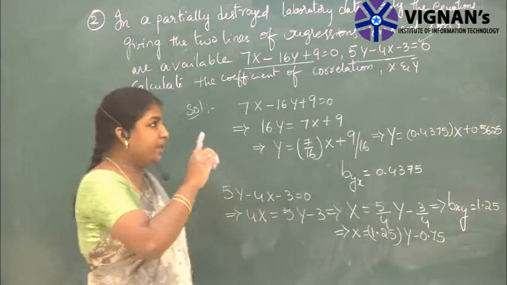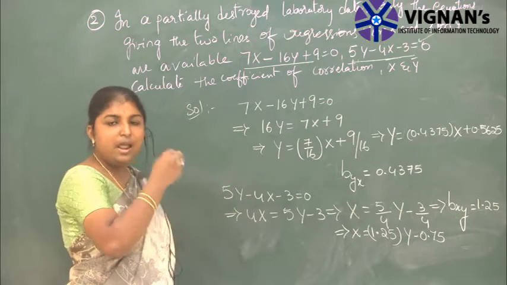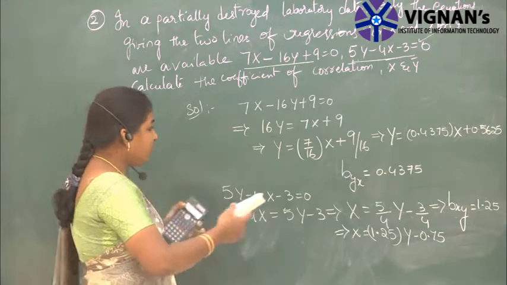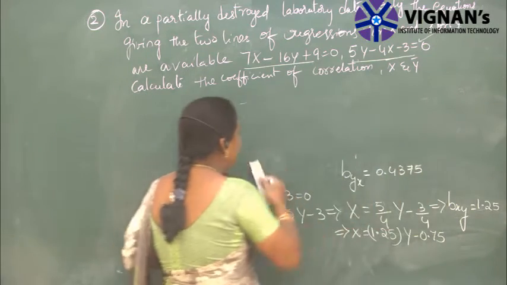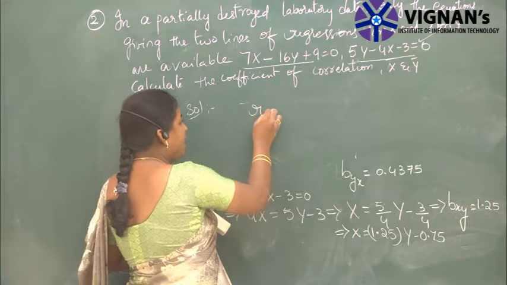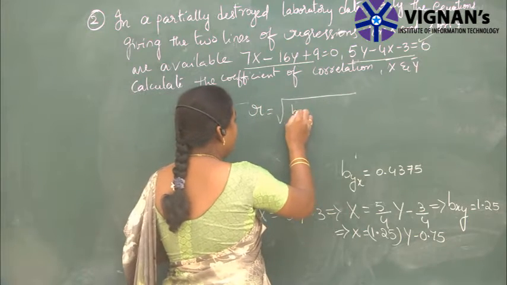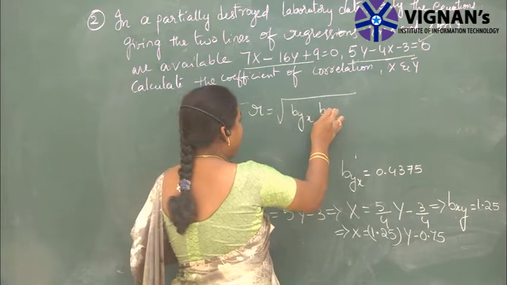Here we want the correlation coefficient and the x bar and y bar values. Using the properties of regression, we know that the correlation coefficient r is equal to the square root of byx into bxy.